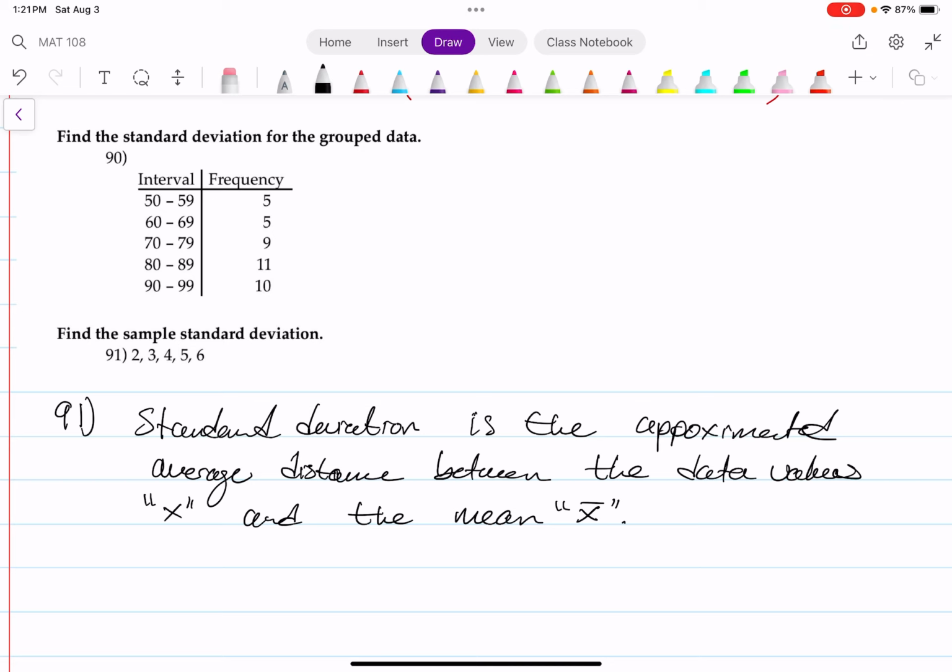So a standard deviation is the approximate average of the distance between each data value and the mean.